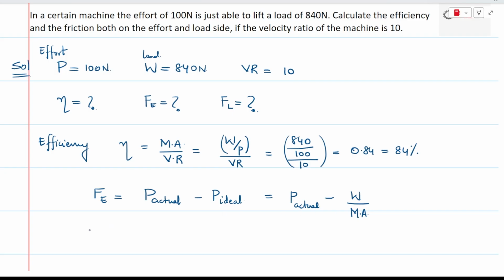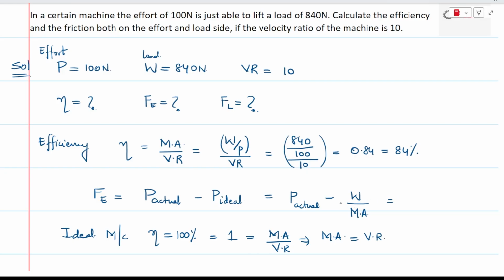For an ideal machine, the efficiency will be 100%, that is equal to 1. So in that case, mechanical advantage by velocity ratio will be 1, so mechanical advantage is equal to velocity ratio.